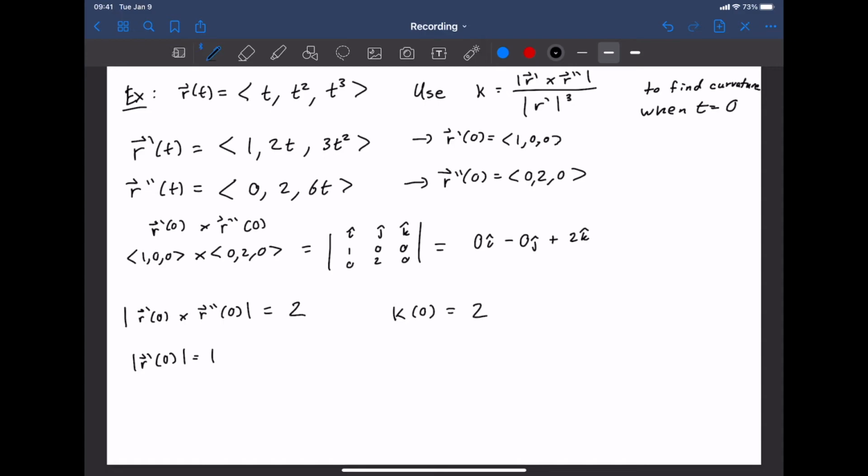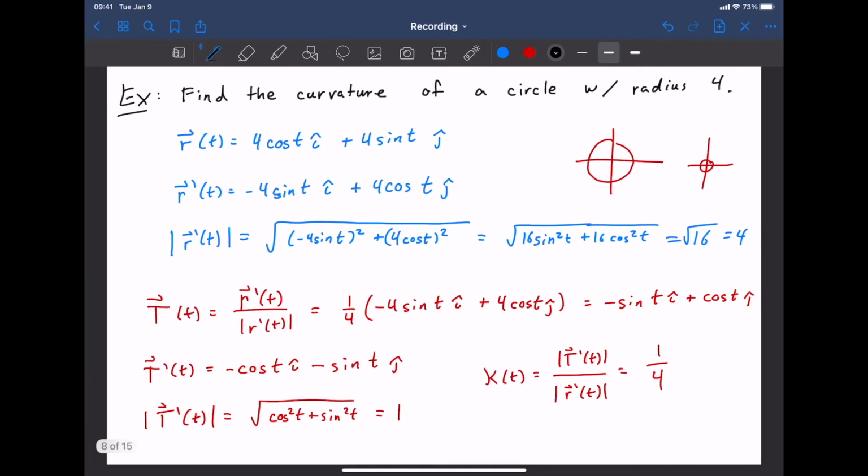Which is pretty curvy, right? Our curvature being 2 means it's the same curvature as a circle with a radius of 1/2, like a really tiny circle. That's the kind of curviness. Because you saw that for a circle with a bigger radius, it's 1/4.